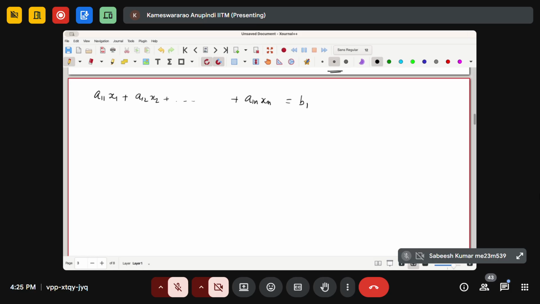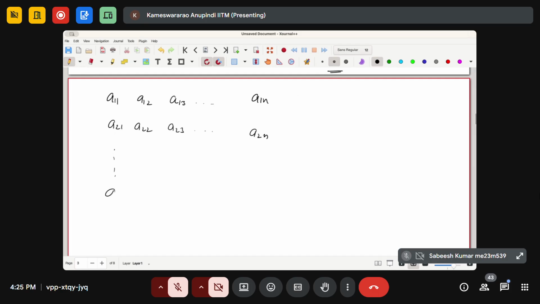Let me write it slightly differently, in matrix form. A11, A12, A13, all the way to A1n. Then A21, A22, A23, all the way to A2n.